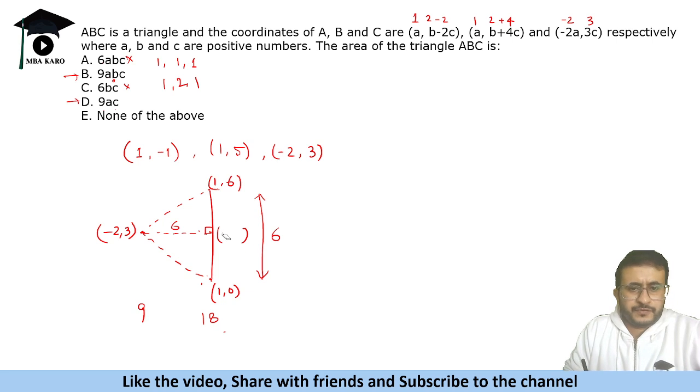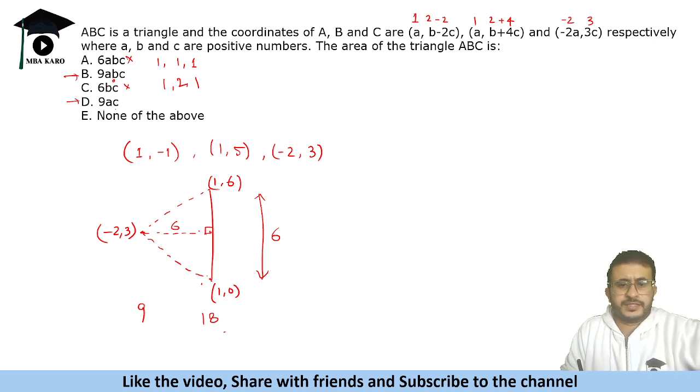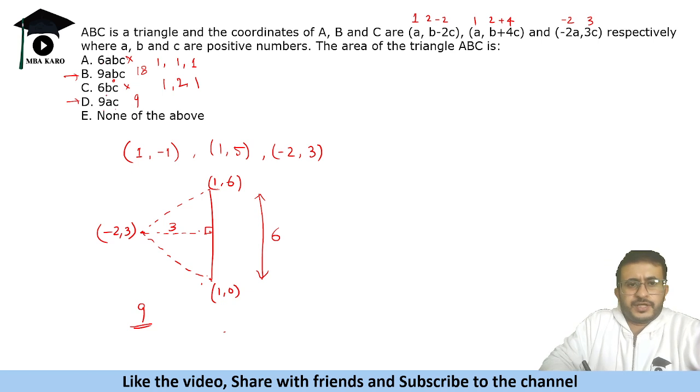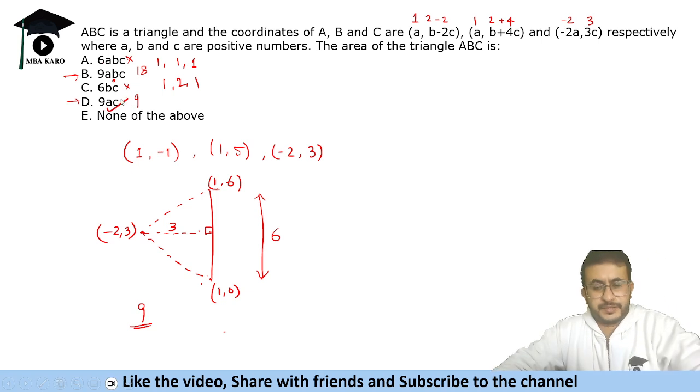Now this distance is 6, this distance is 3, area is 9. If we take 9 ABC, the area is 18, and in this case it is 9. So the answer would be 9 AC.